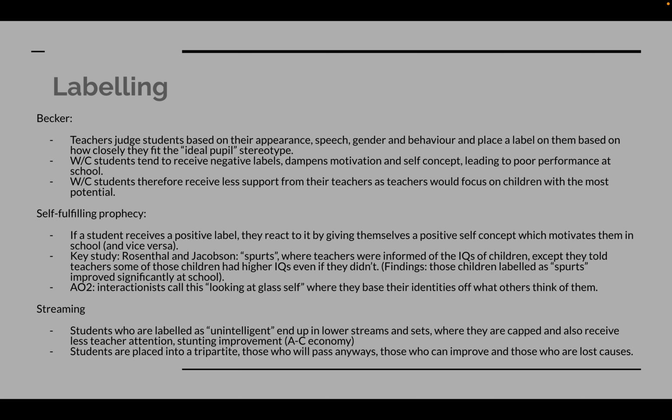And in this situation, labeling is based on their class. Working class students tend to receive negative labels as they are seen as unintelligent, which dampens motivation and self-concept, leading to a poor performance at school.